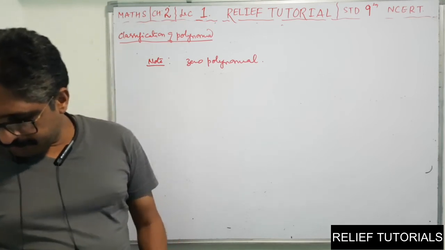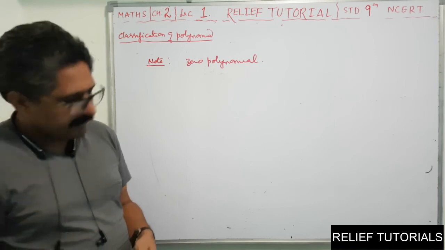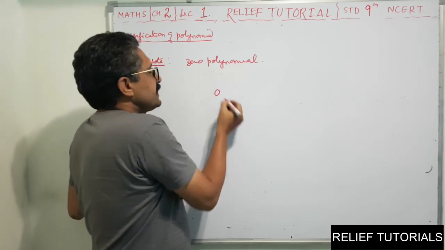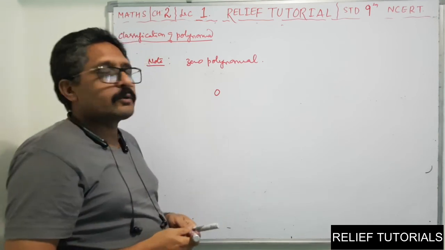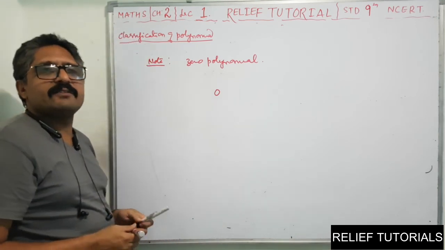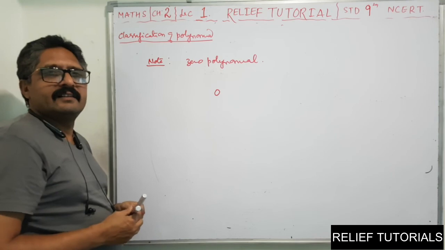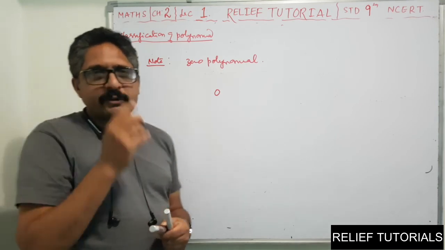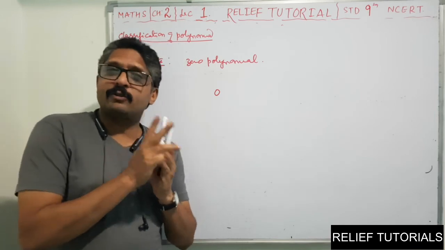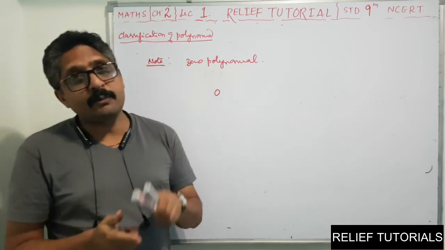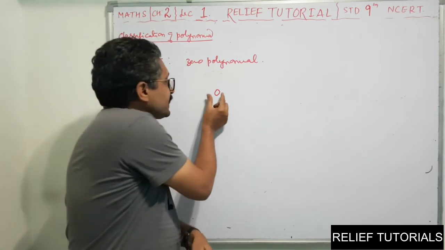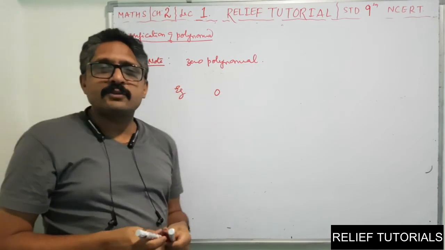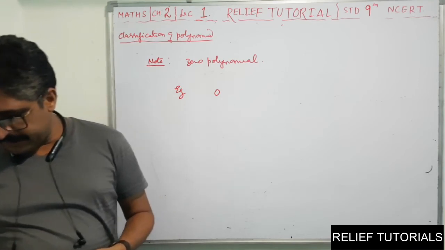Now see, for any polynomial that is 0, what about its degree? Its degree is not defined. Why? We have seen that a constant polynomial has degree 0, but the zero polynomial, this particular 0, has no degree. Its degree is not defined.